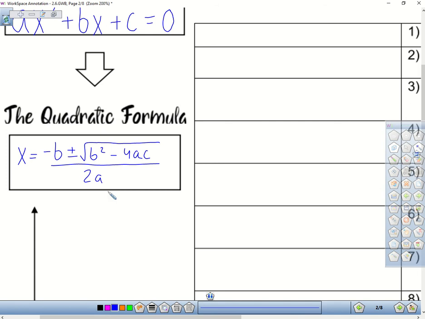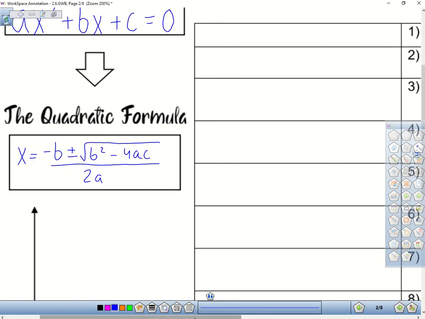All right, hopefully everybody, because it is from Algebra 1, but I just want to make sure. The quadratic formula is useful because it can find solutions to any quadratic. The solutions can be irrational, they can be imaginary. It doesn't matter what the solutions are, it will find them no matter what. So that's why it's a really useful formula.